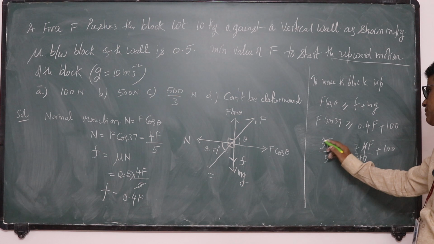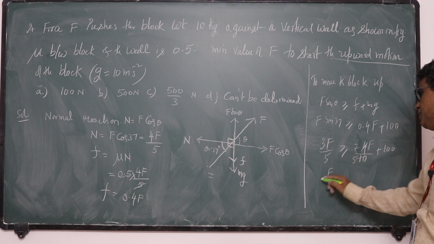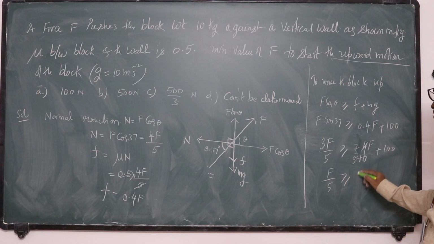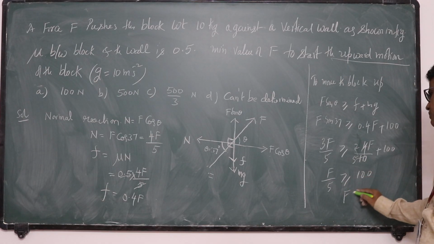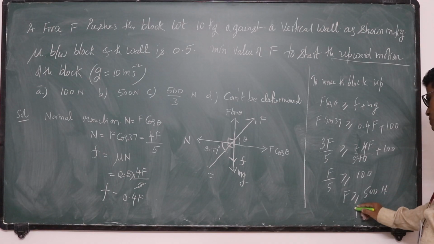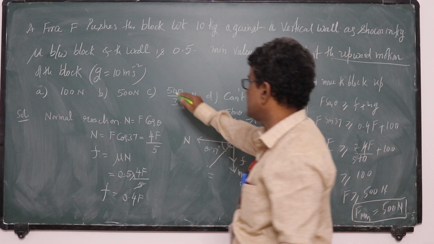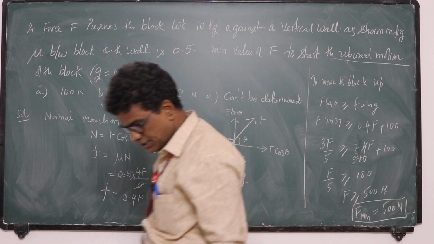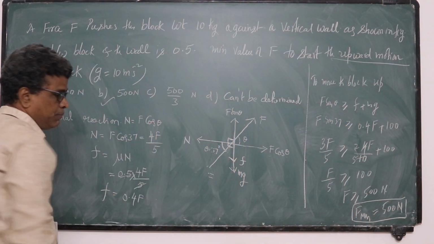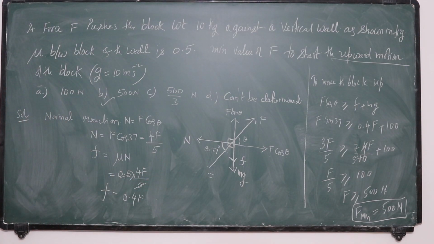So 3F by 5 minus 2F by 5 will become F by 5, should be greater than or equal to 100. So F should be greater than or equal to 500 newtons. So the minimum value is 500 newtons. So this is the answer for this question. The minimum force required to slide the block up is 500 newtons. Okay, you take this.